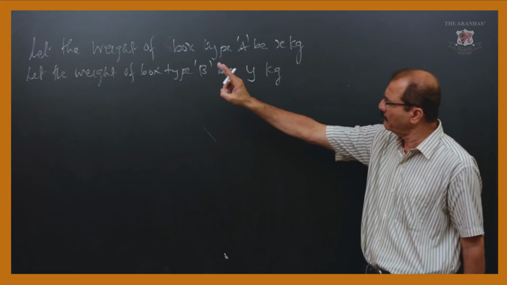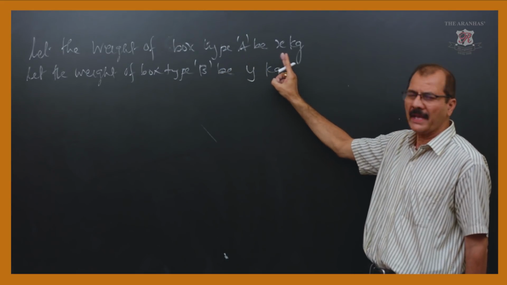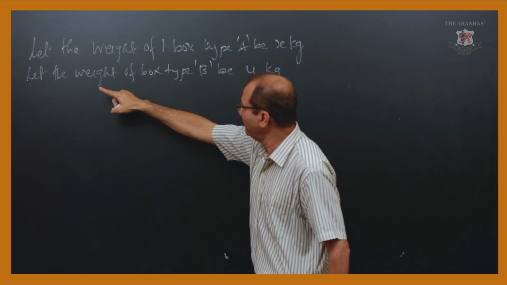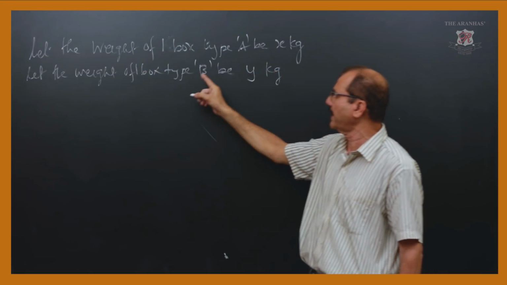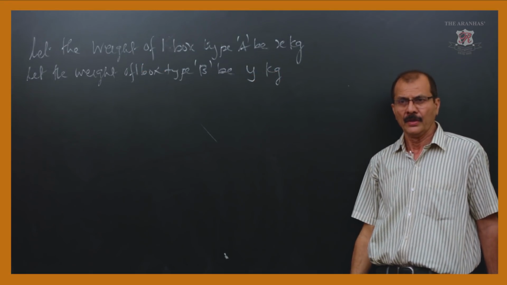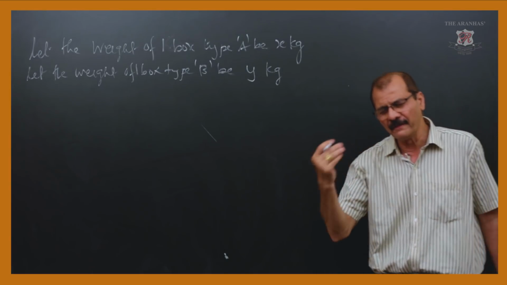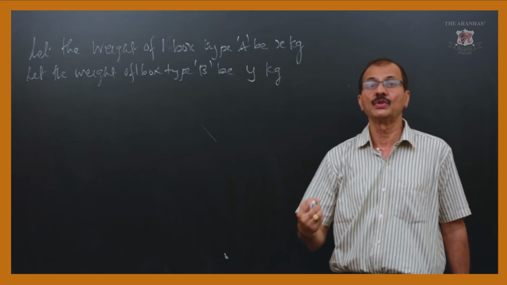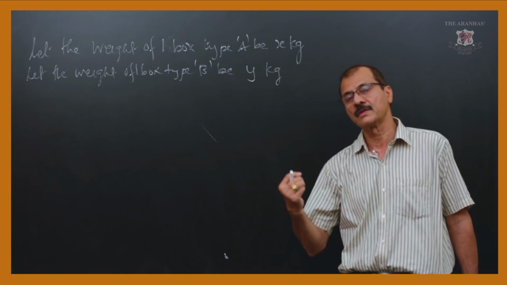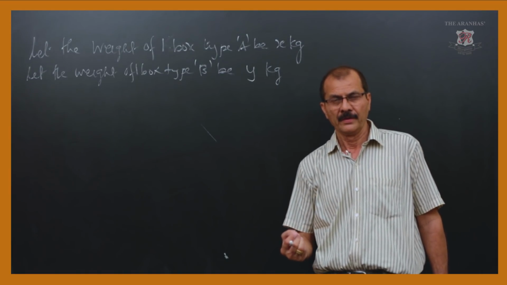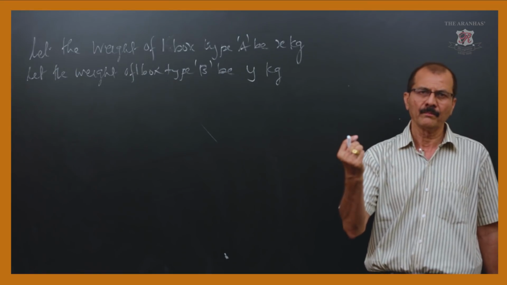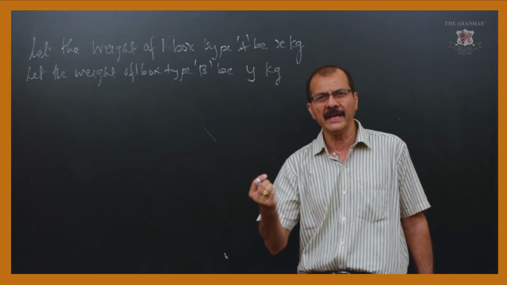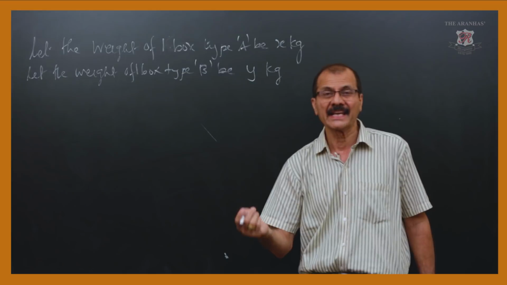Now you know that the weight of one box of type A is x kg and the weight of one box of type B is y kg. So if you are taking 150 boxes of type A, what will be the total weight of those 150 boxes? As one box weighs x kg, so 150 boxes will weigh 150 x kg.